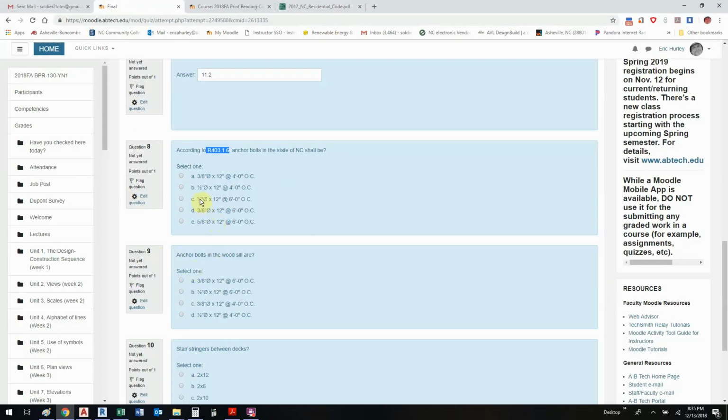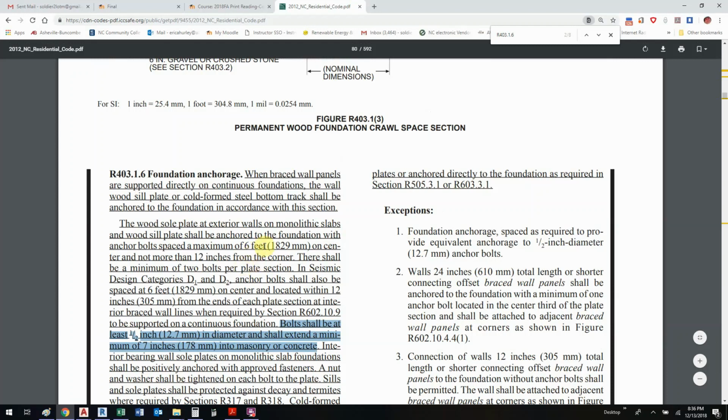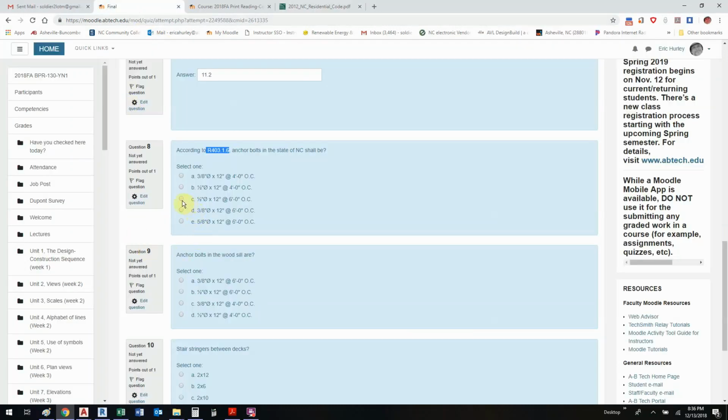So our choices are 1/2 by 12 at 4 feet on center, or 1/2 by 12 at 6 foot on center. If we go back over here and do a little bit further reading, you will find out that the maximum spacing shall be 6 foot on center. So this is the one that we want there.